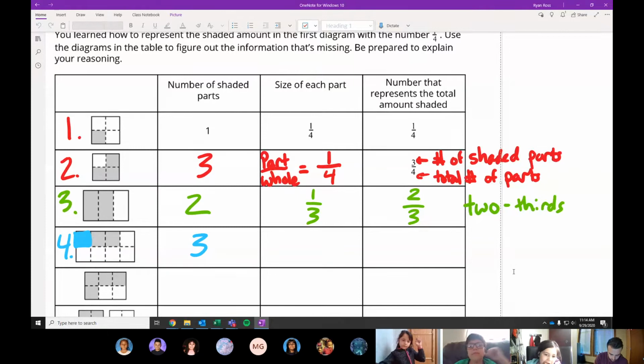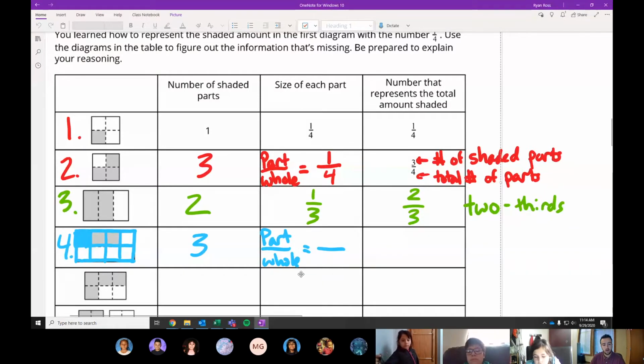Let's look at this real fast. How many squares are there in total? The area of that rectangle. 8. Yeah, there are 8 squares that make up that rectangle.